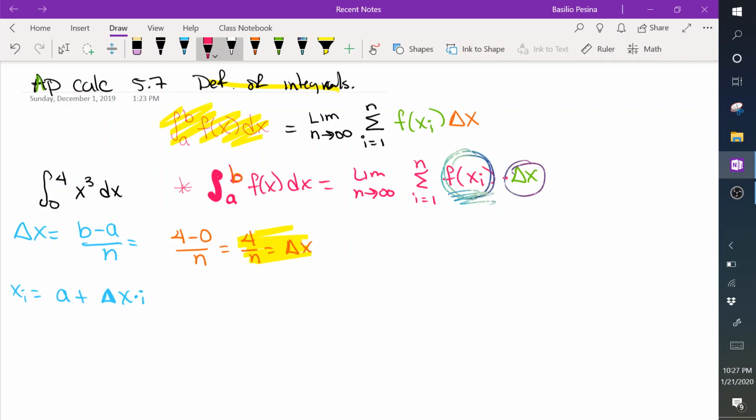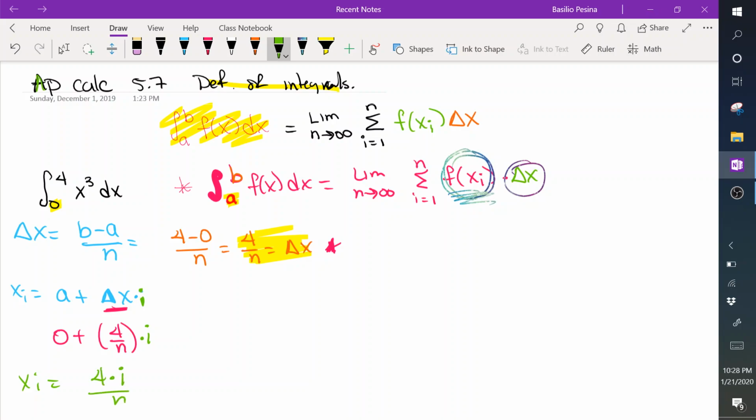My first term is given to me as my lower bound, this a, which in this case is 0. So 0 plus my change in x, which I just found, 4 over n, times my i term, so times i. To make this a little nicer, we get x_i equals 4 times i over n.